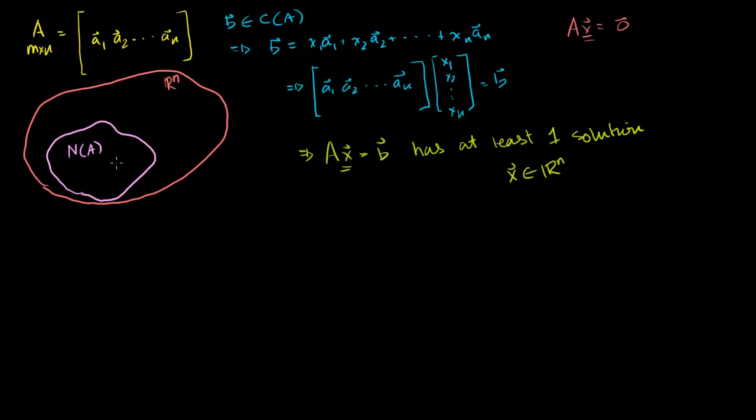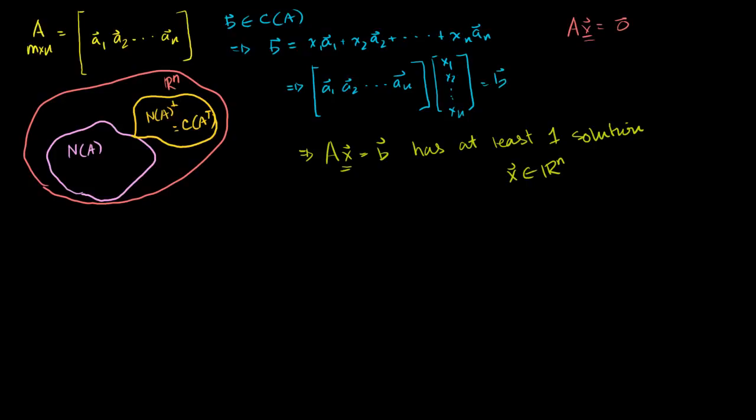And then what else do we have in Rn? Well, we have the orthogonal complement of the null space of A. Let me draw that in a different color. So the orthogonal complement of the null space of A, which we learned in the last video, is also going to be equal to the row space of A. The row space of A is the column space of A transpose.